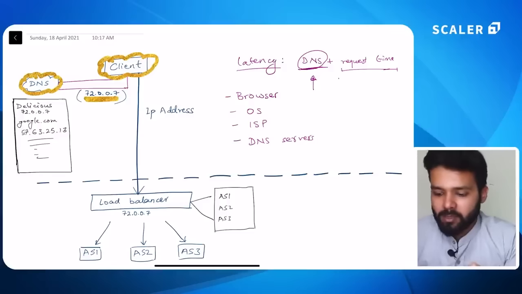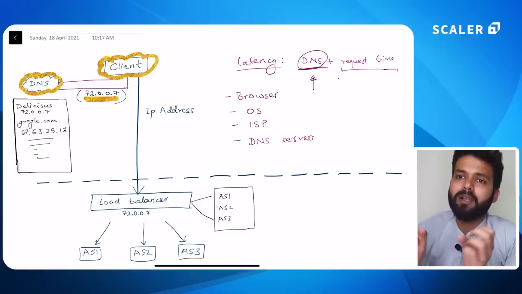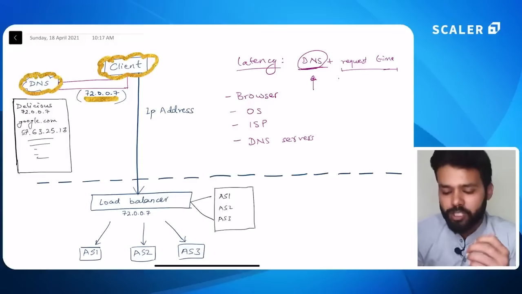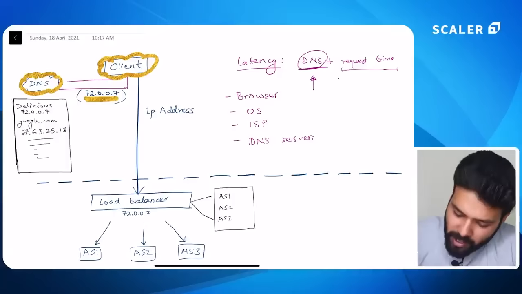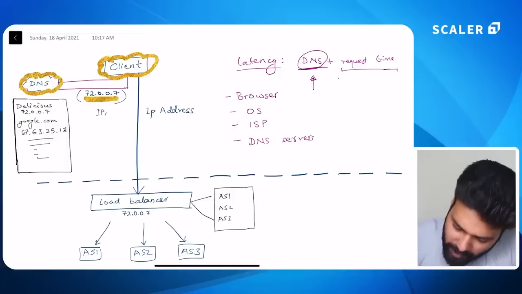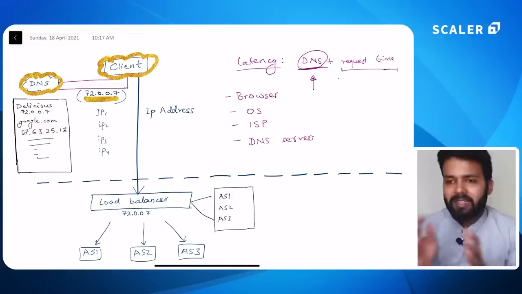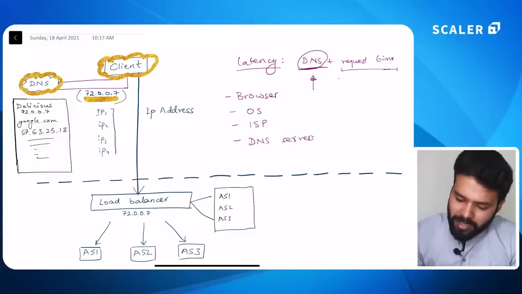To avoid this, what these tech giants typically do is they deploy multiple IPs to which the client request will resolve, right? So instead of returning, let's say IP1, they return a list of IPs: IP1, IP2, IP3, IP4, and they send this list to the client.